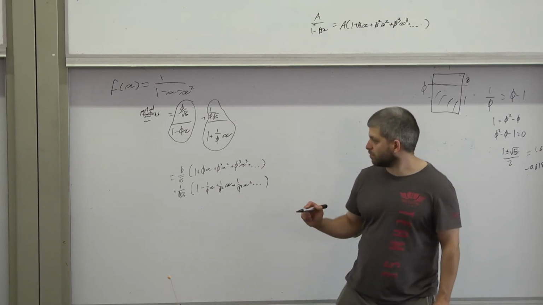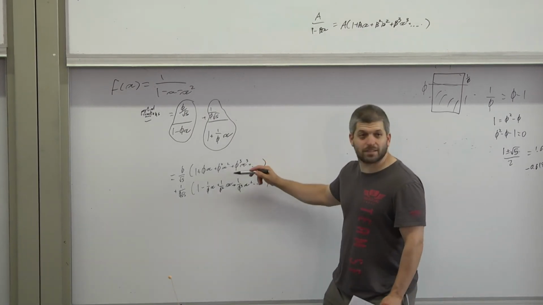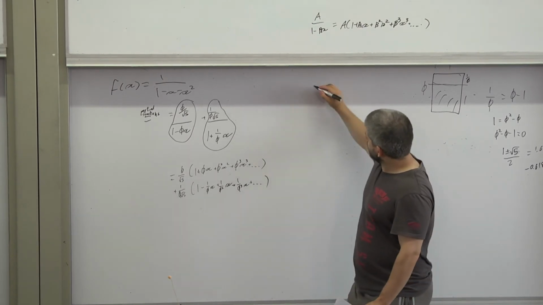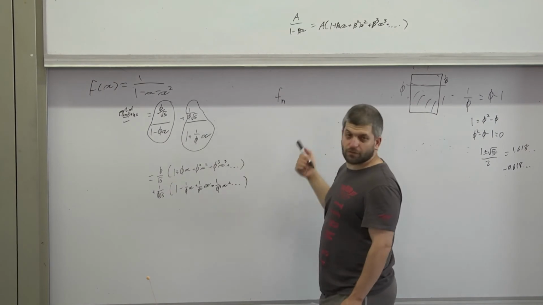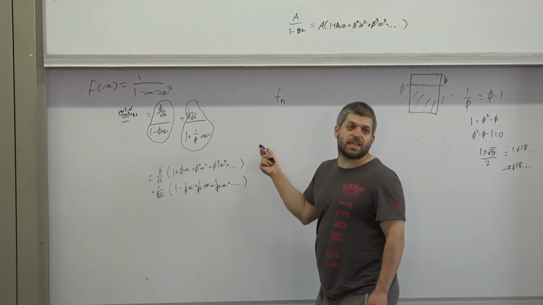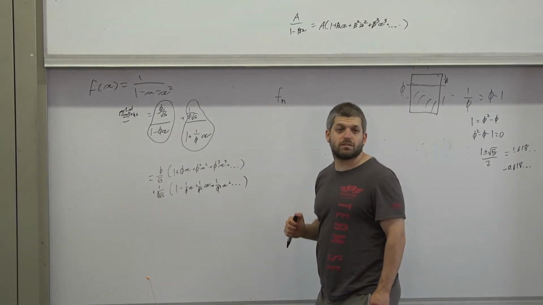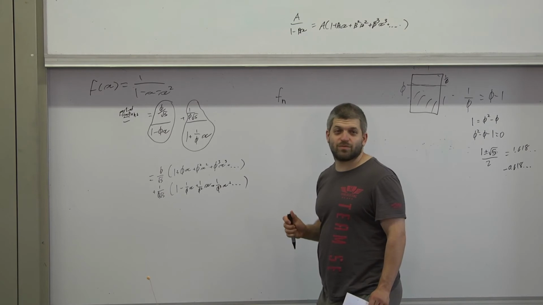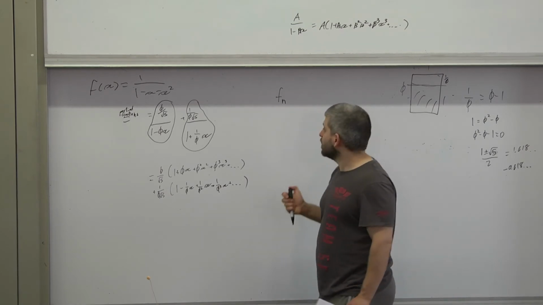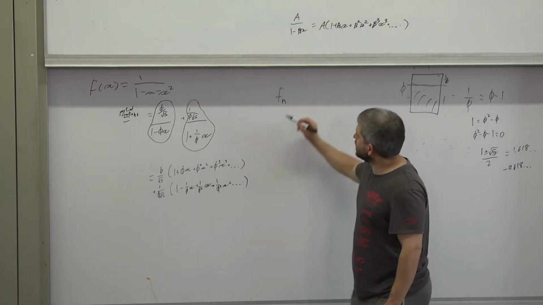Well, x to the n only appears in two places. Okay, so firstly, the coefficient of x to the n is the nth Fibonacci number, right? By definition. Okay, but it also appears in two places here.